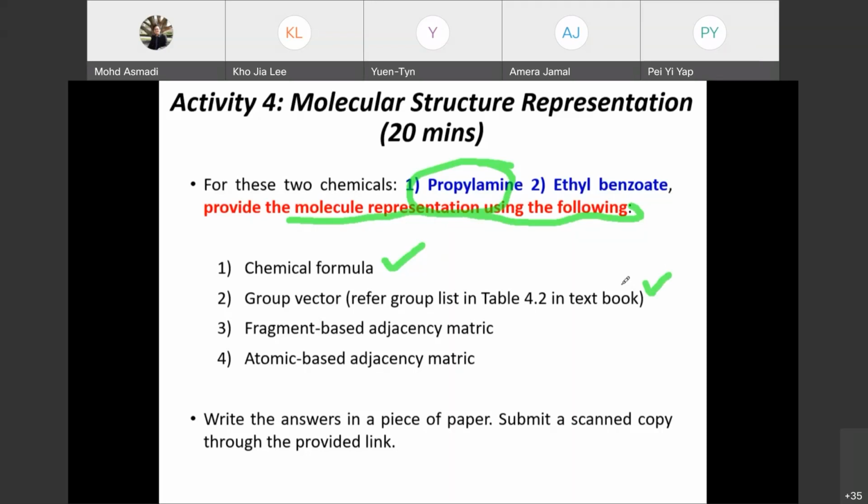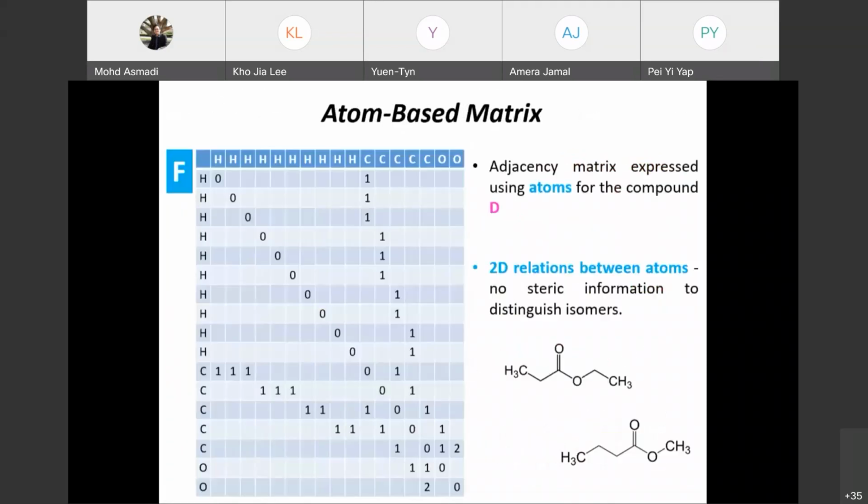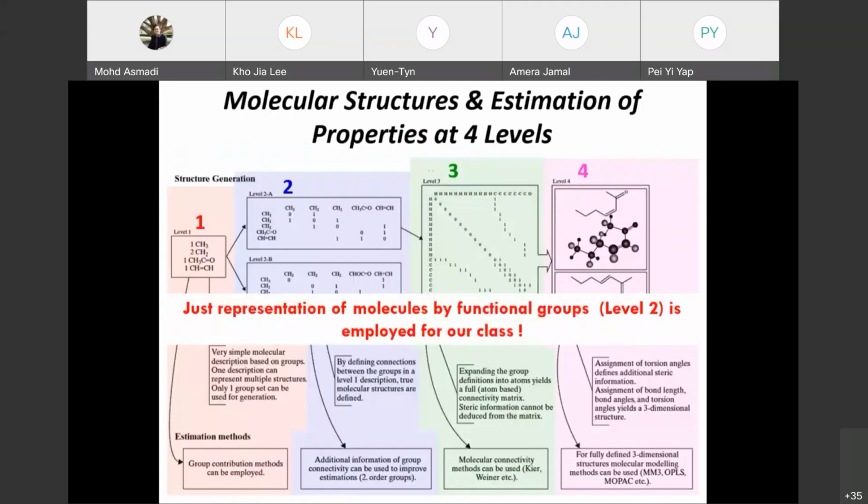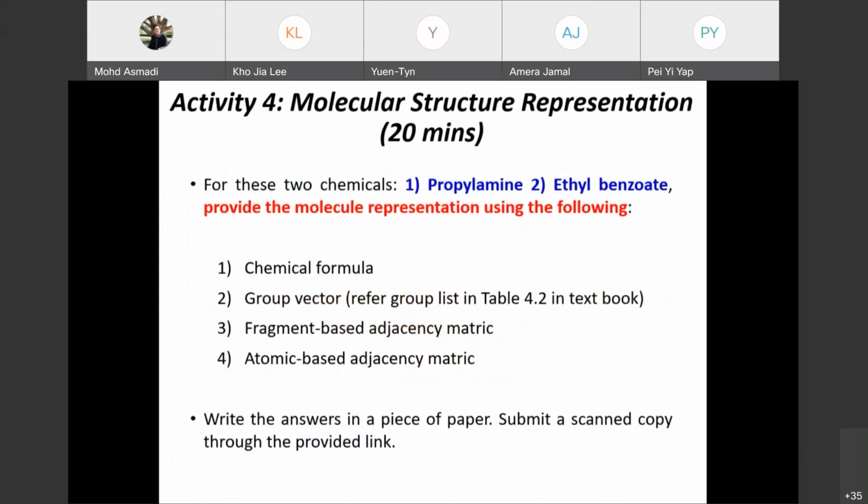That is the basis set for the functional groups. Please construct the fragment-based adjacency matrix and atomic adjacency matrix. Answer on a piece of paper and then post it in the Jamboard: the atom-based matrix and the fragment-based matrix.